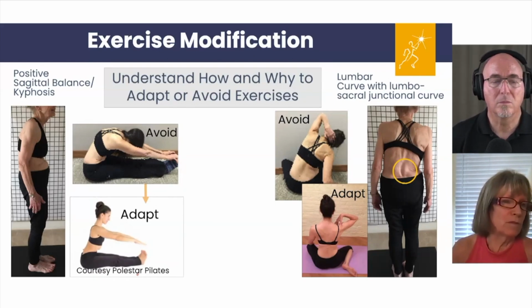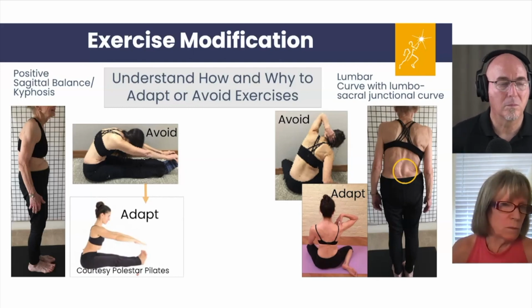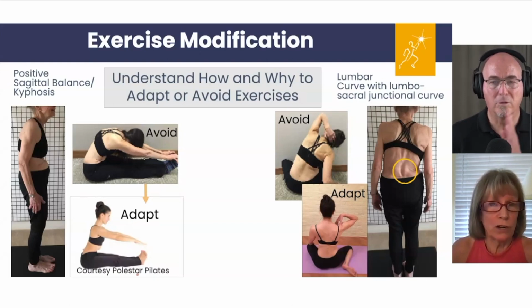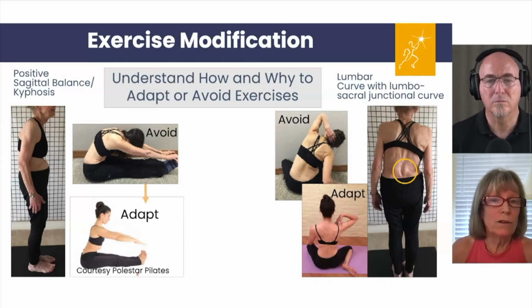You can see how the collapse of the ribs is onto her pelvis, so we want to open up that space as much as possible for her. And then you can see on the right, she has a lumbar curve with a lumbosacral junctional curve. So she's at some risk for instability in the future.